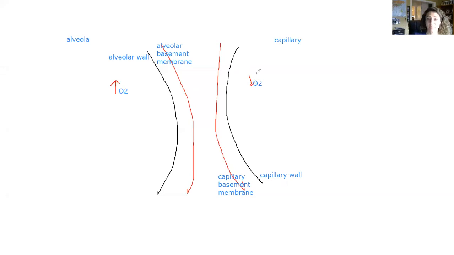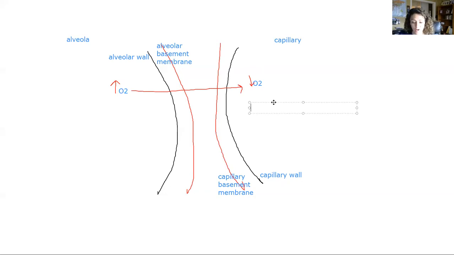Okay, so here we have a pressure gradient. There's a difference in pressure between the lungs and the blood. There's higher pressure of oxygen in the lungs than there is in the blood, and so the gas is going to diffuse across that membrane to go from the lungs into the blood.